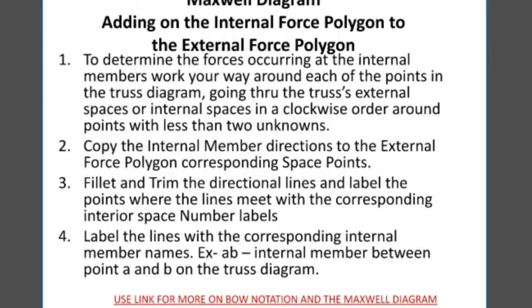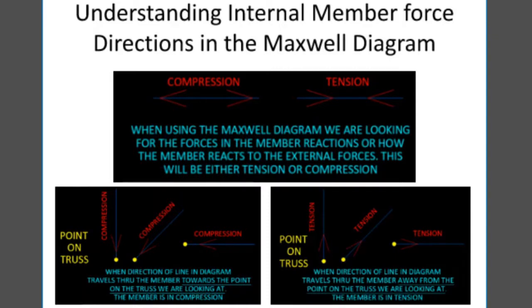You can use the link below for more information on the bow notation and the Maxwell diagrams. Very important is understanding the internal member force directions in the Maxwell diagram. When using the Maxwell diagram, we are looking for the forces in the member's reactions, or how the member reacts to the external forces.